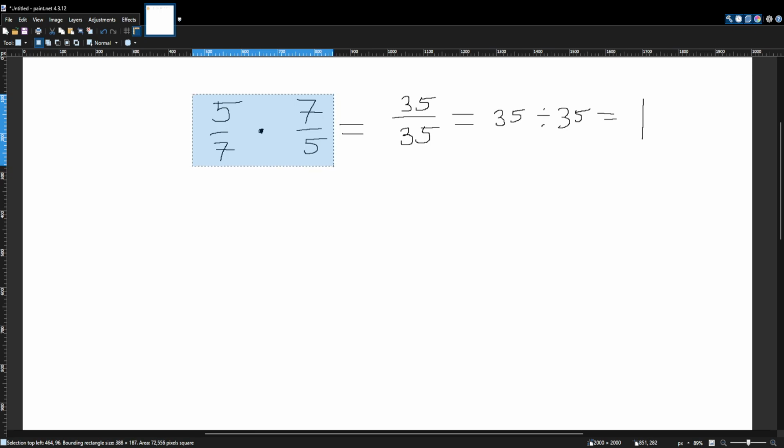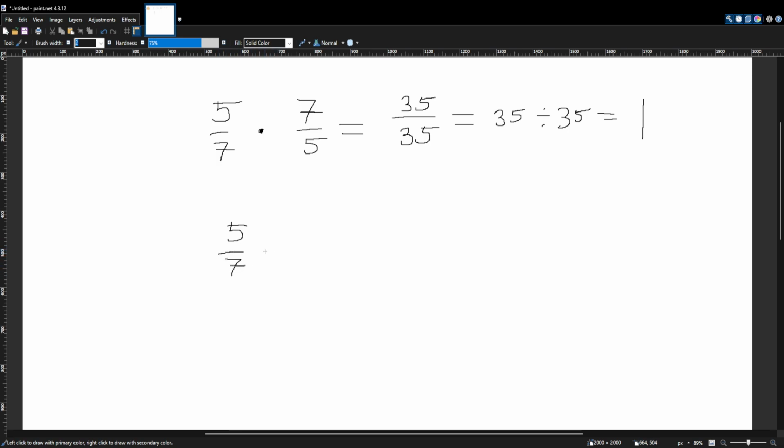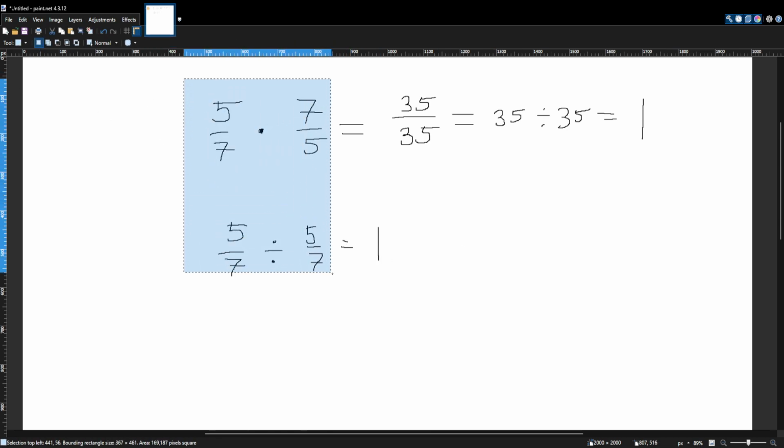Then this multiplication is the same as division, because if I take 5/7 and I divide it by 5/7, I'm also going to get 1. So notice the difference here. If I'm dividing 5/7 by 5/7, then that's the same as multiplying by 7/5. I get 1 in both cases.